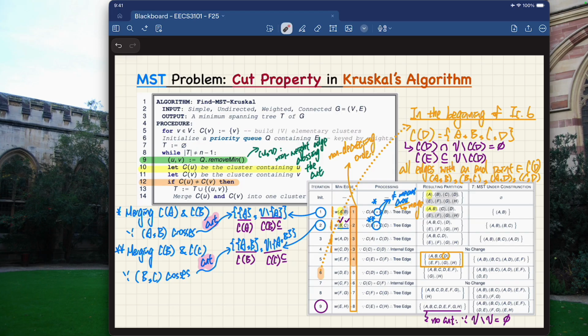Crossing the cut between the cluster of U and everything else, right? And we said earlier that any cheaper edges, any edges with smaller weights, would have been already processed and included in the current cluster of U. That's something we said. So this one here is guaranteed to be the minimum.